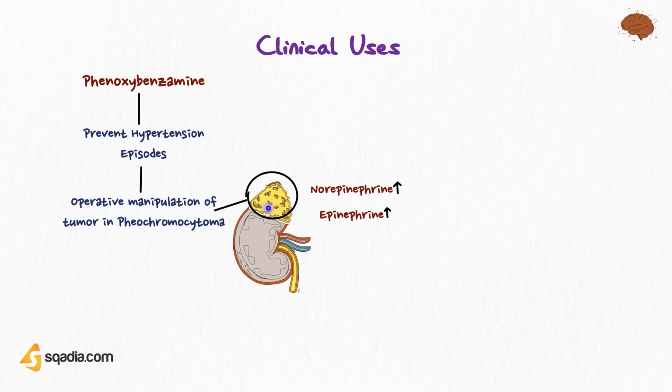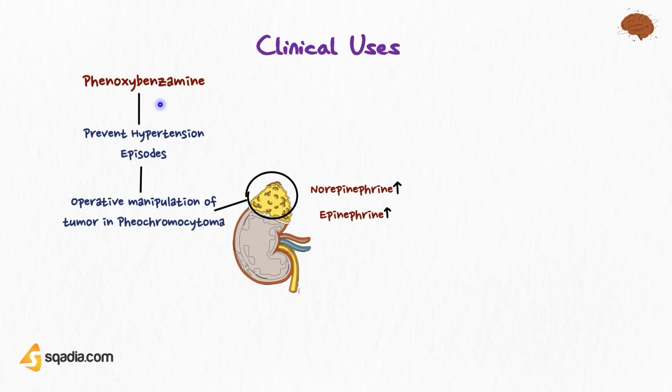Now, when you are manipulating the tumor, it creates a risk of the spillage of the norepinephrine and epinephrine into the plasma. When the norepinephrine and epinephrine is spilled into the plasma, it increases the blood pressure during surgery, and it is known as the hypertensive episodes. Phenoxybenzamine, as you know, is a non-selective alpha blocker. So it blocks alpha receptors, decreases the blood pressure and prevents hypertensive episodes.